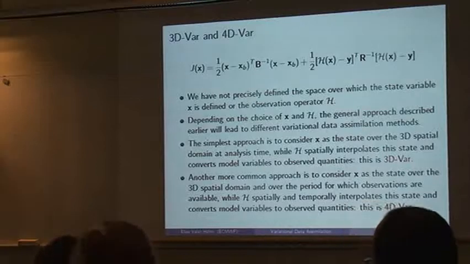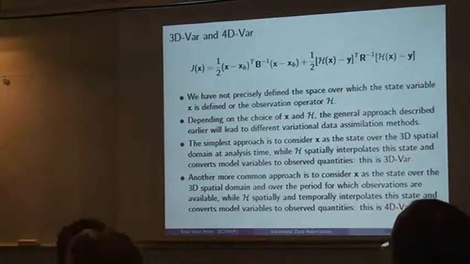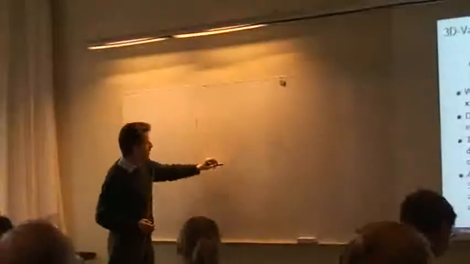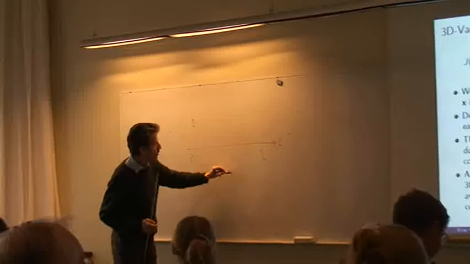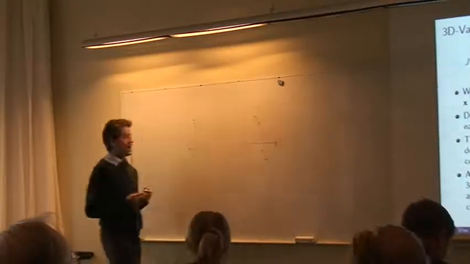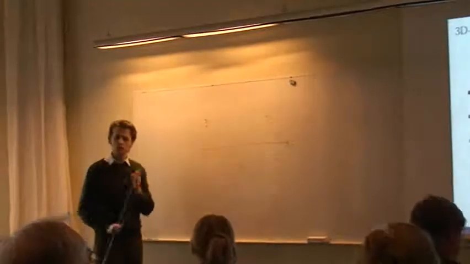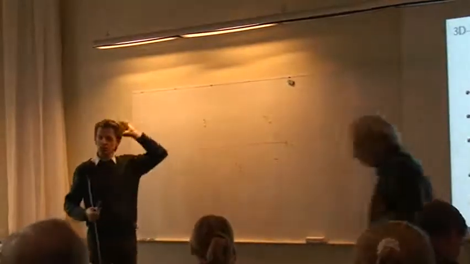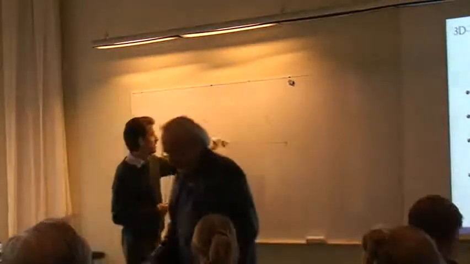Let's go back to our time dimension here, 0 to tau. We got some observations, Y1, Y2, up to Yn here. And we said we just want to have one analysis. Let's just map everything to one time instance, for example here.